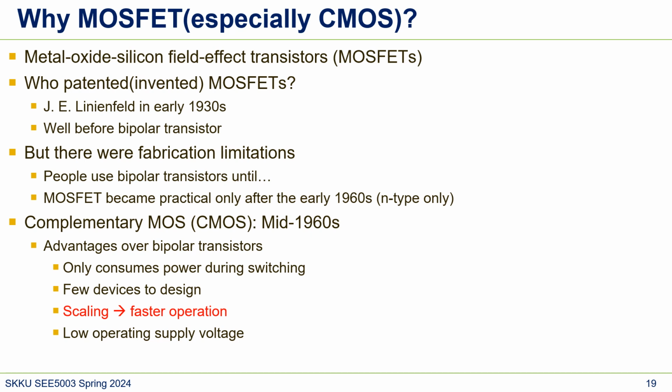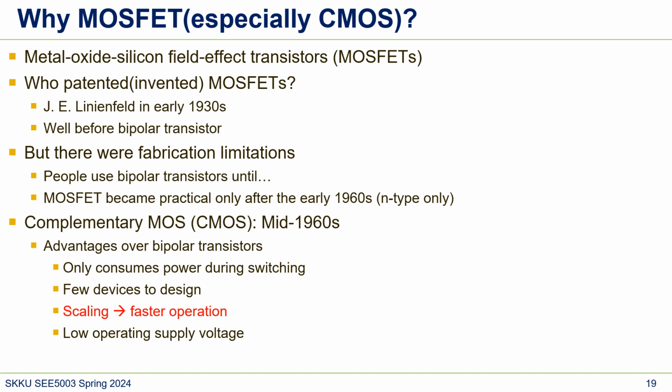An interesting point is that the MOSFET was invented way before the bipolar transistor. This is interesting because people used bipolar transistors first, but it turns out MOSFET was invented first. But why couldn't people use MOSFET at the very beginning? Because there were fabrication limitations, which means people could not make MOSFETs small enough.